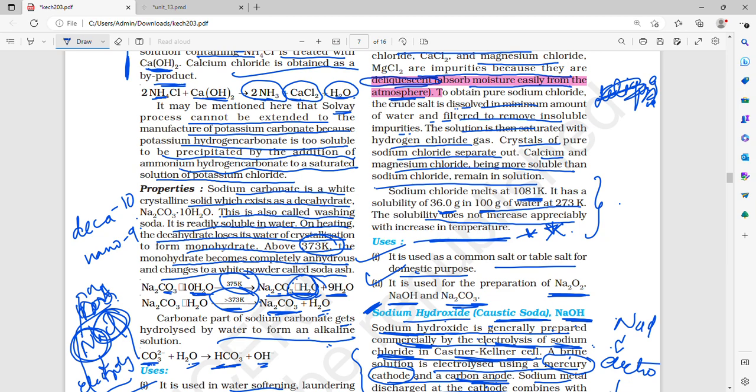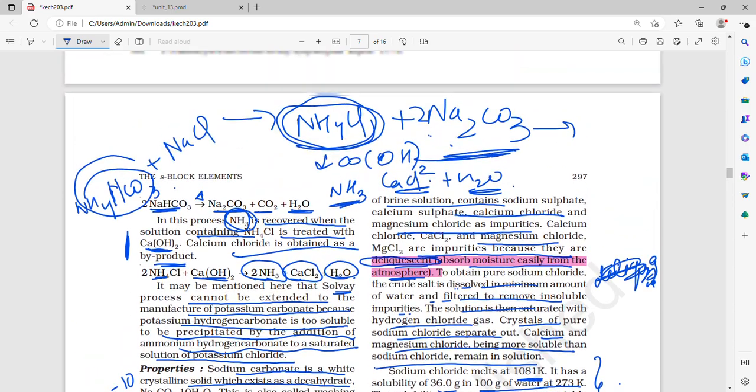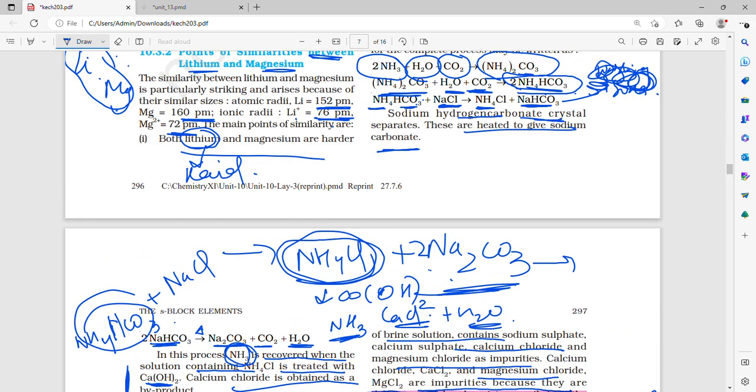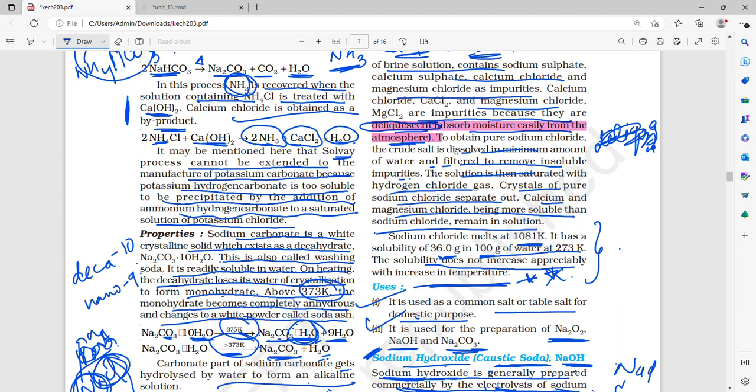When we add potassium chloride to ammonium hydrogen carbonate, the potassium hydrogen carbonate will dissolve, and hence we cannot obtain it. It won't crystallize or separate. So if we don't get potassium hydrogen carbonate, we can't get potassium carbonate by heating it. Therefore, we cannot manufacture potassium carbonate by the Solvay process.